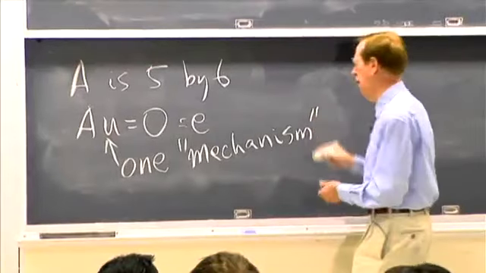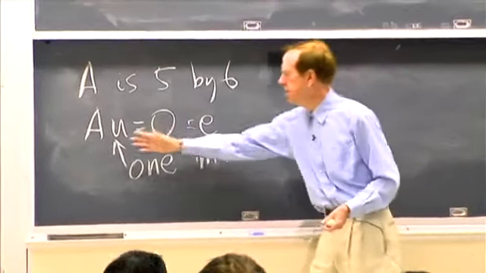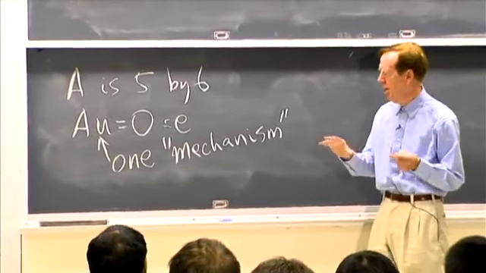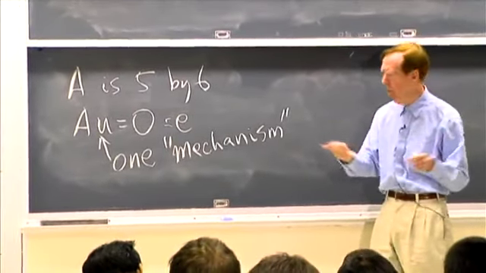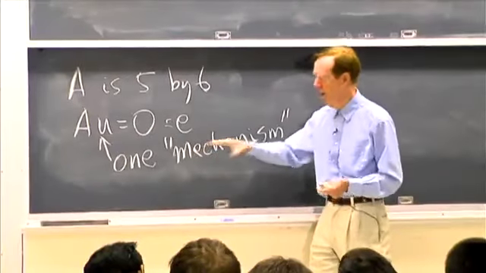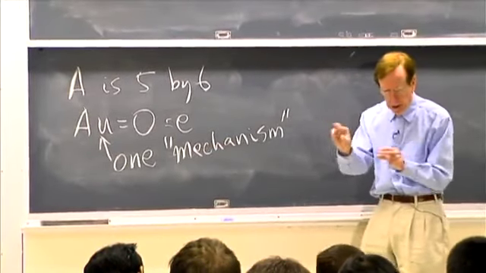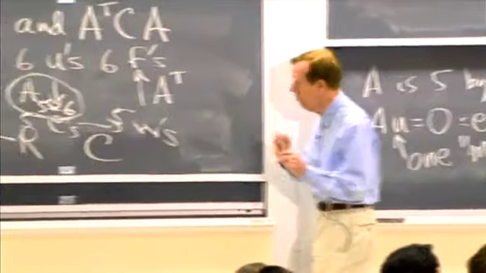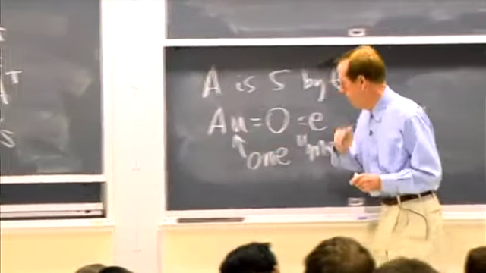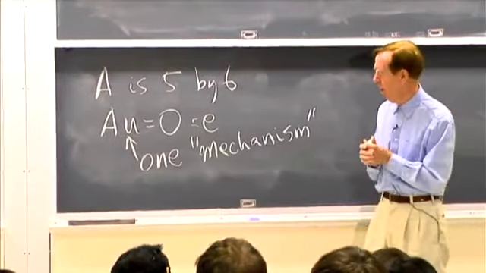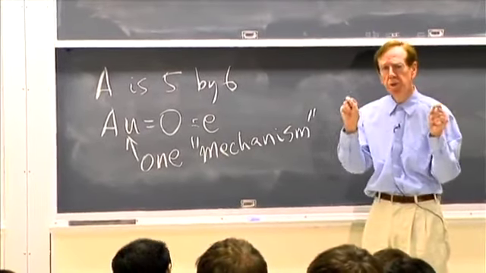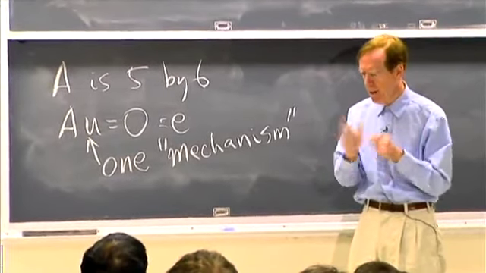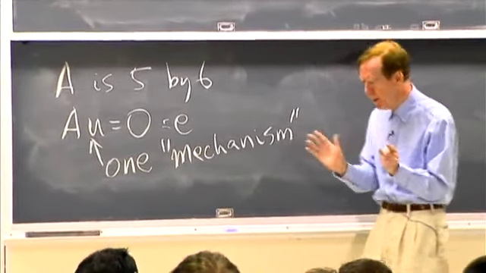And what does that mean? A mechanism is a solution to AU equals 0. So a mechanism is a movement of the bar. So it's going to be non-zero. The bars are going to move a little. The nodes are going to move a little bit in this U, because it isn't 0. But the bars won't stretch. So that tells us we've got instability here.